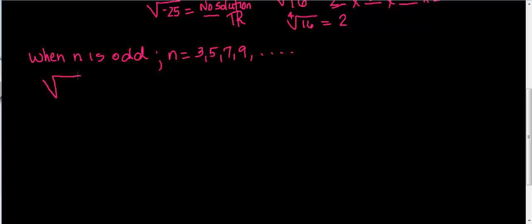If I have the cube root of 8, the answer to this is, what number do I multiply by itself 3 times and I get an 8? 3 times. So I would have to multiply 2 times 2 times 2. That's what gives you 8. 2 times 2 times 2 gives you 8. Therefore, the cube root of 8 is 2.